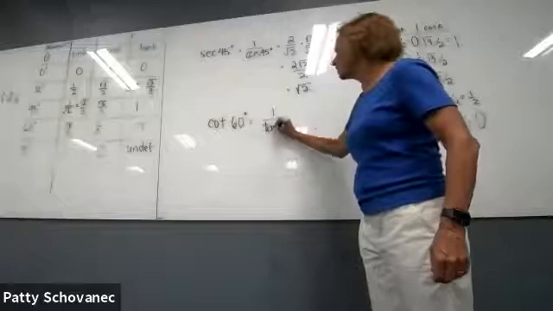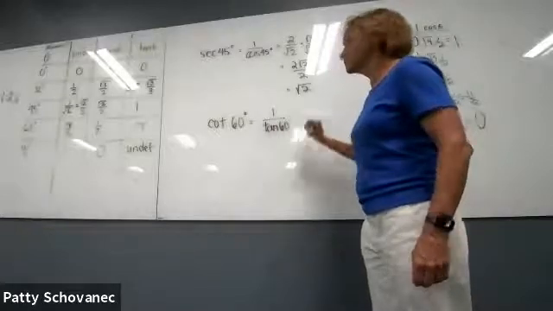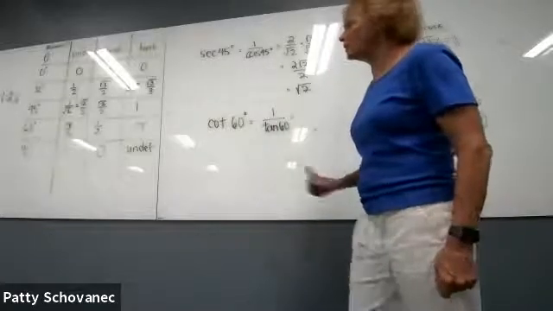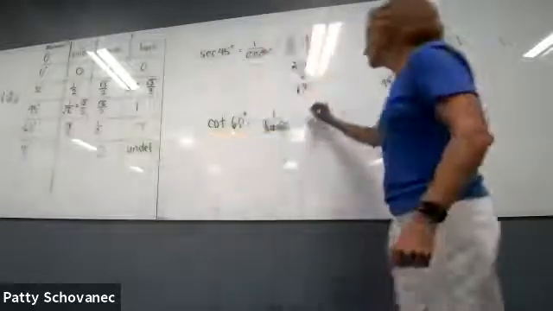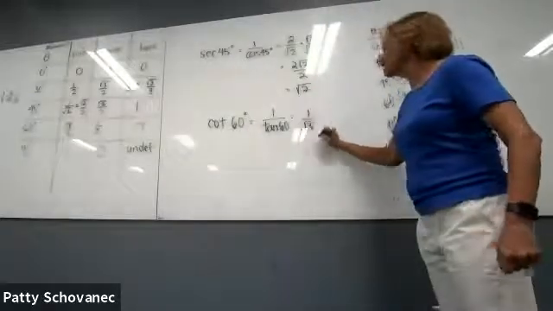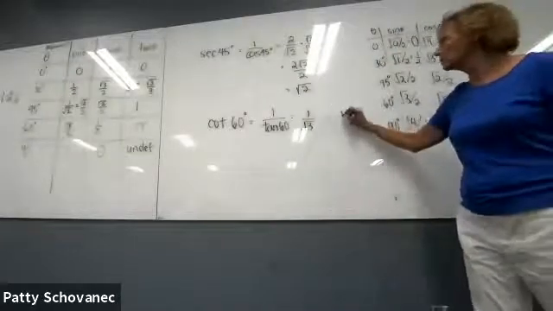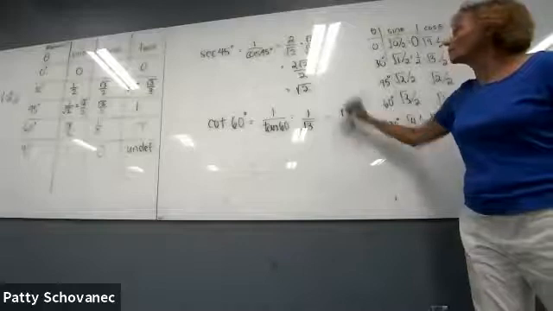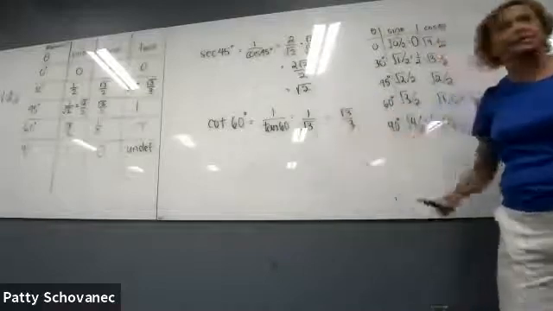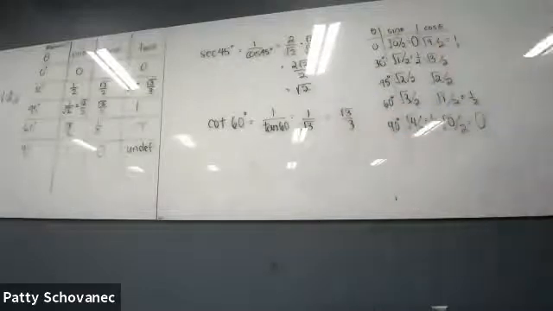Cotangent is the reciprocal of the tangent. So I'm going to flip over the tangent value of 60 degrees. What does that look like if you rationalize the denominator? So I'm doing that, but I'm multiplying top and bottom by the square root of 3.